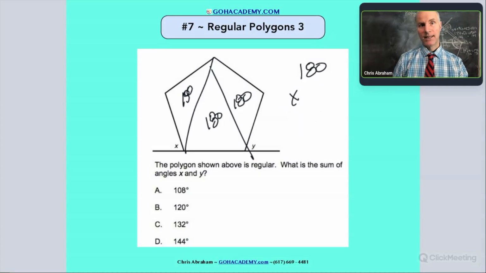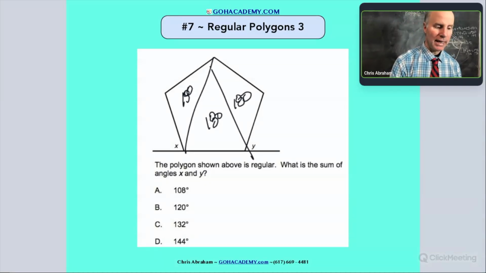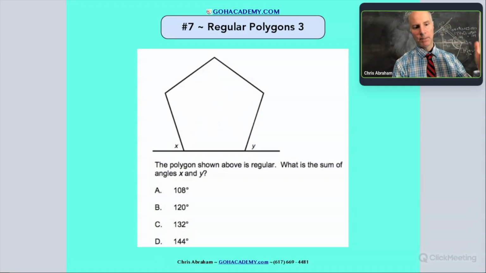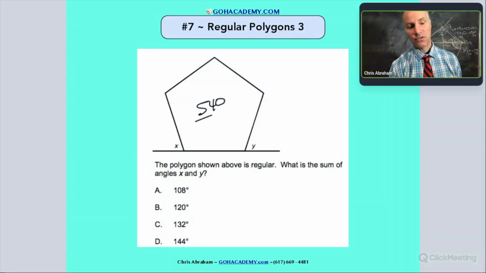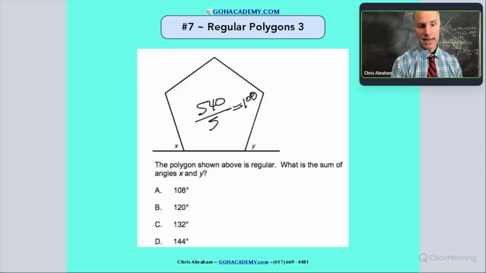And hopefully you've memorized that. But if you didn't, you look at this shape and figure that out. The sum is 540, and there are 5 angles here, and each one of those angles would be 108.